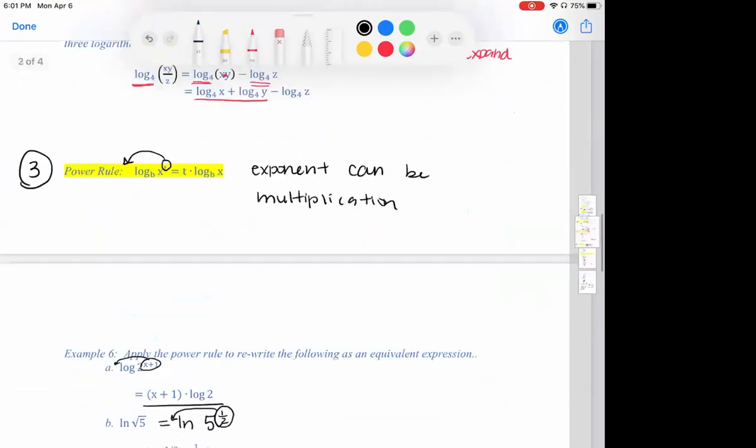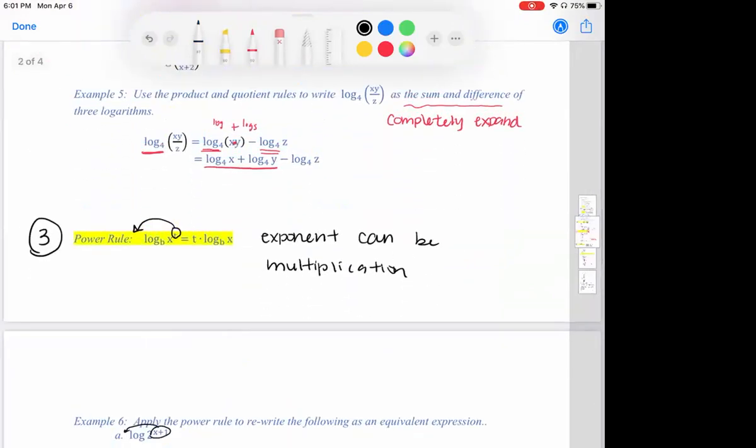Third one, our exponent rule. I'm sorry, it's called the power rule. The power rule says I can move my exponent and treat it like a number that's being multiplied.